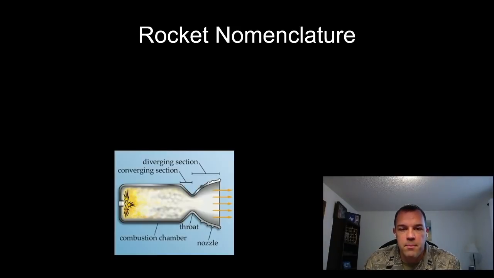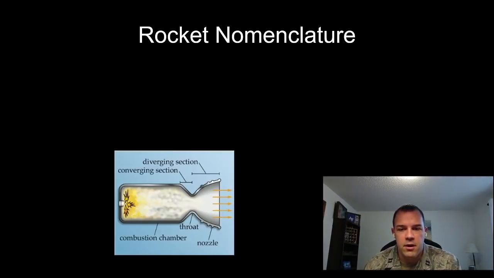So you'll see immediately after the combustion chamber is what we call the converging section of the nozzle. The converging section, similar to putting your thumb over a hose, reduces the area that allows the exhaust to go through, and it must speed up. So it's going to lower in pressure and temperature and then speed up.